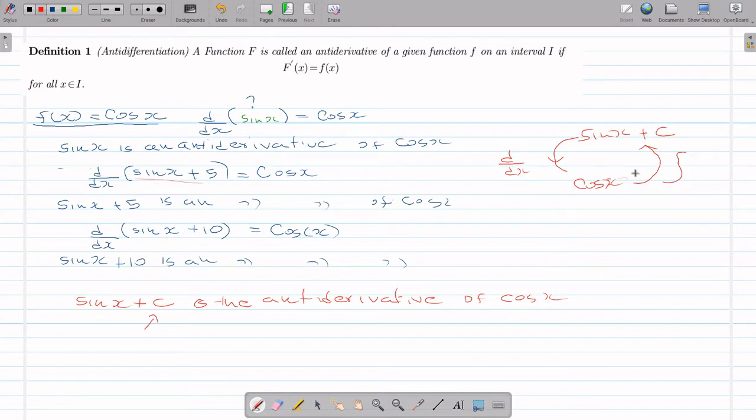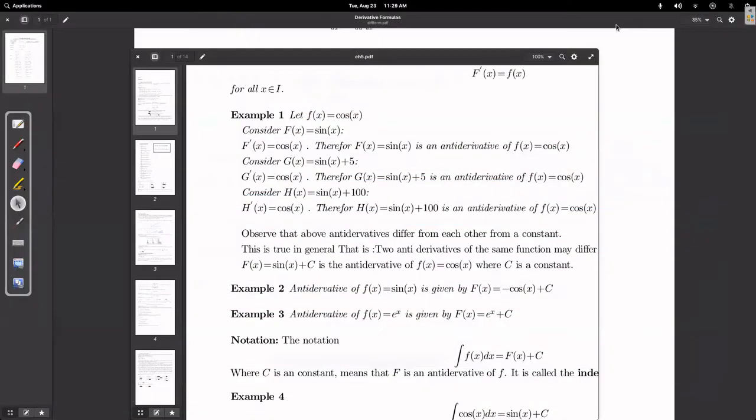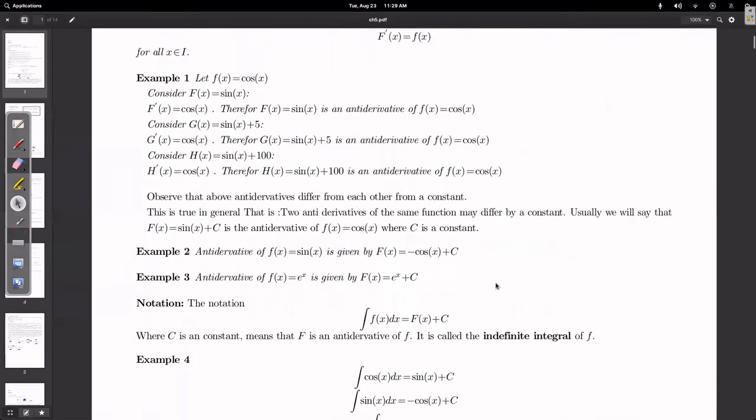You will see next. Okay, it goes to sin x plus c. In general, I can get two more. Take f(x) equals sin x. If I differentiate minus cos x plus c, I get back sin x. So I say the antiderivative of sin x is minus cos x plus c.